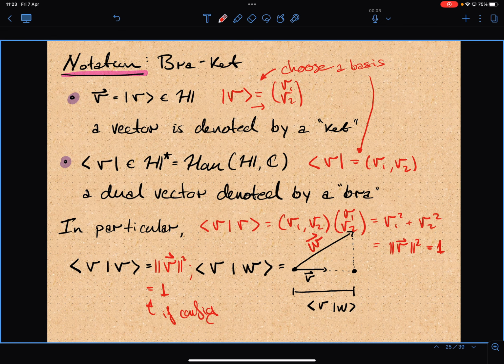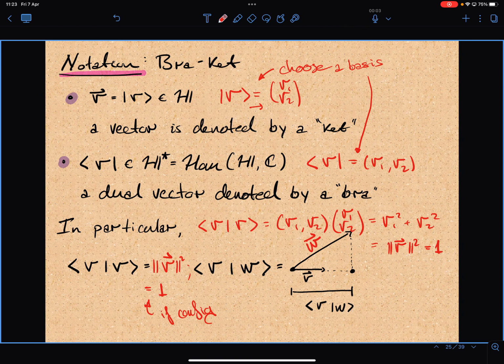Just curious, so the second bullet point, H star equals, is that H-A-M? Hom. H-O-M. What does that stand for? I want to say hom, dual space.